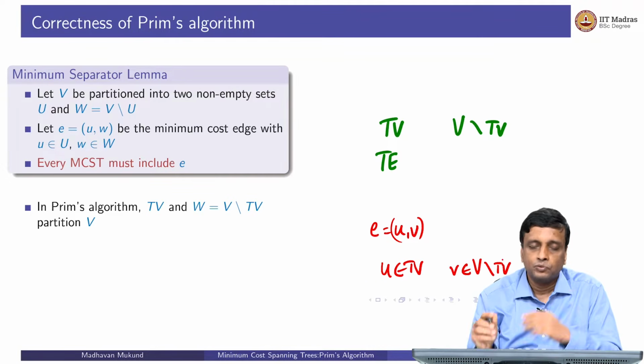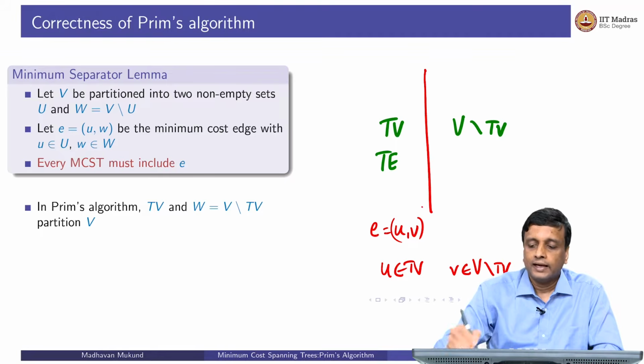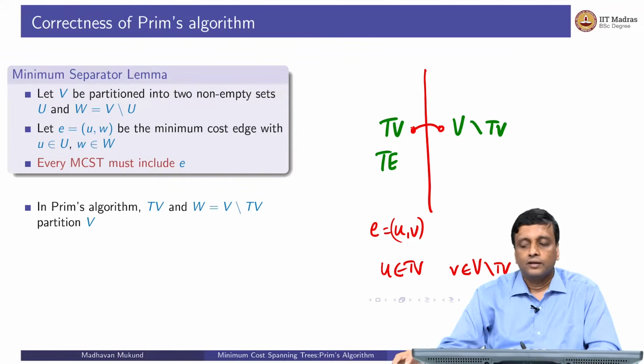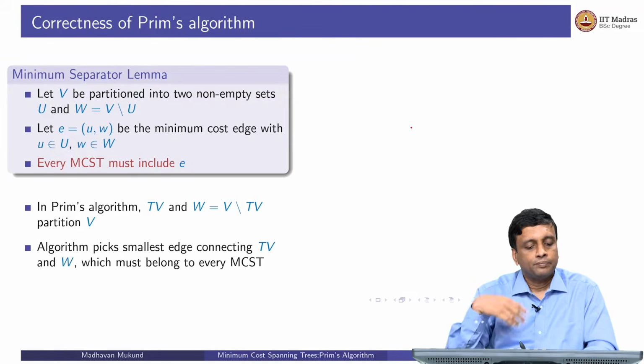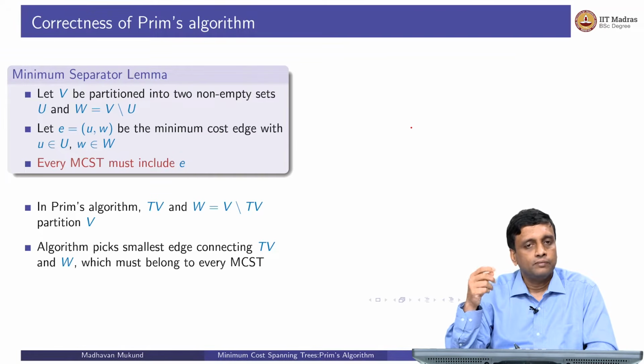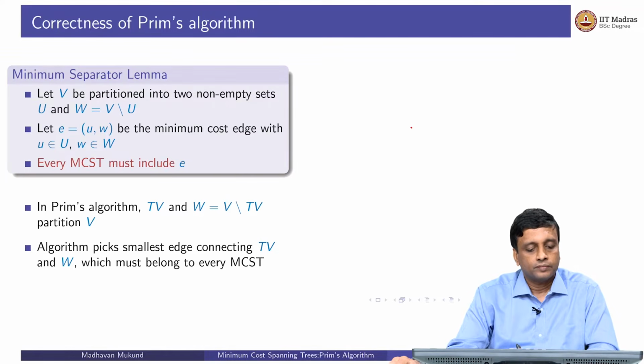So the smallest edge which takes me from the tree to outside the tree. But this is like saying that I have a partition, right, and I am looking for an edge which goes from this partition to that partition, right? And therefore the separator lemma says that this edge that I have picked in Prim's algorithm must be part of every spanning tree, so it's always making a correct choice, right?